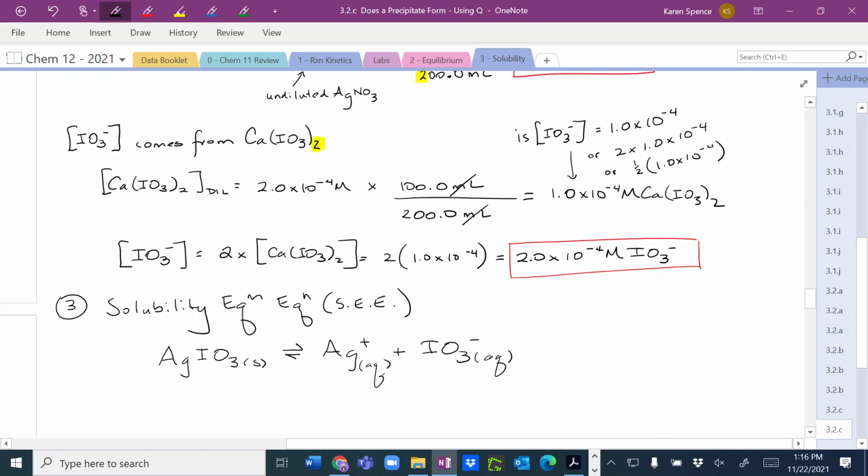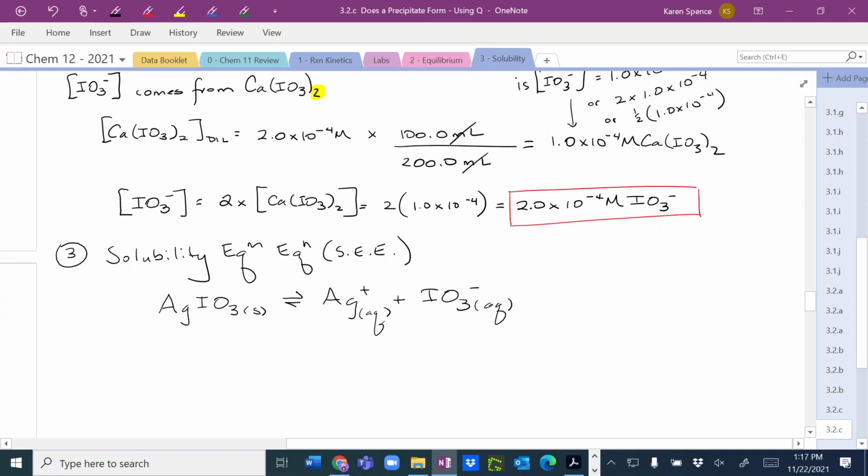And having written that, we can now write our Ksp or our Q, depending on what's appropriate to the question. In this case, we want to write a Q. So Q is equal to the concentration of silver times the concentration of iodate. And then we just plug things in at that point.